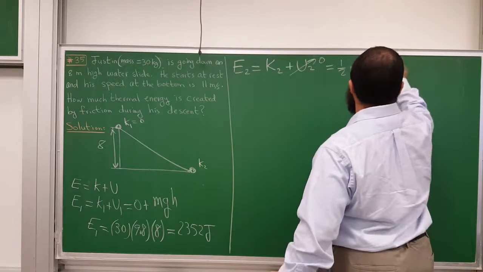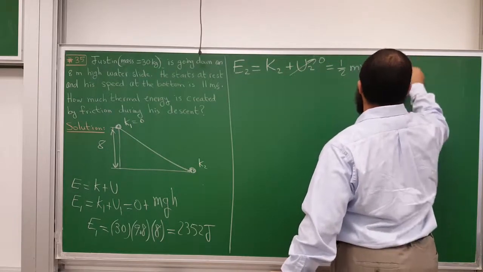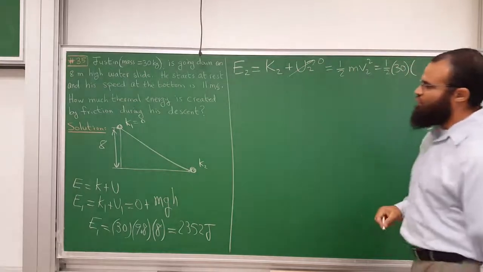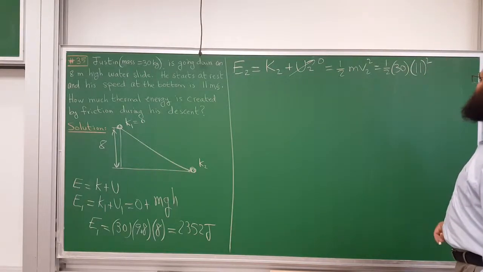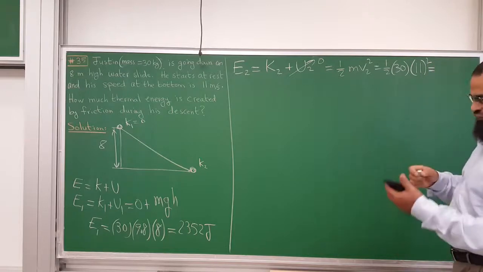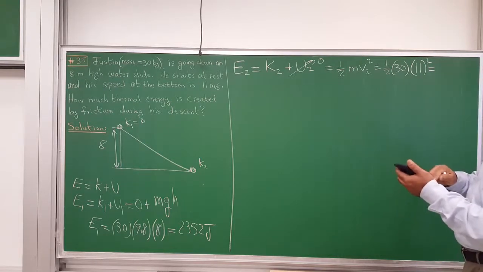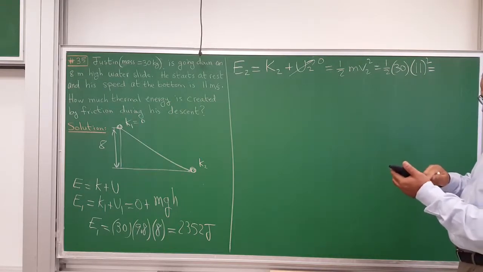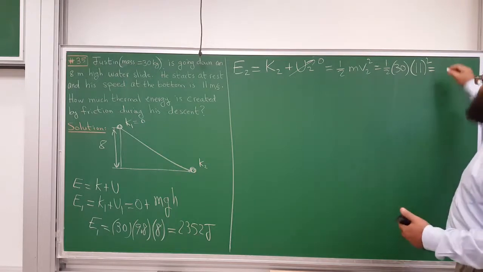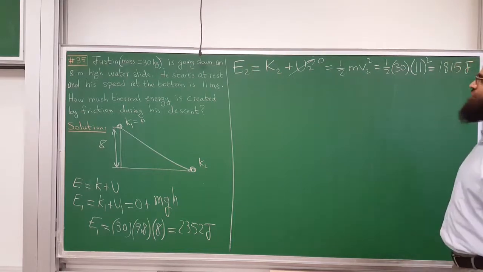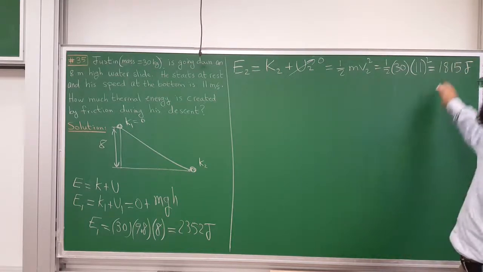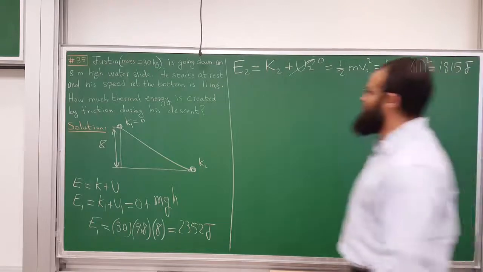His mass is 30 kilograms. What's his speed at the bottom? They say 11. So 11 squared is 121, times half of 30, which is 15. That's 1,815 joules. Okay. So the energy at the end is less than the beginning.